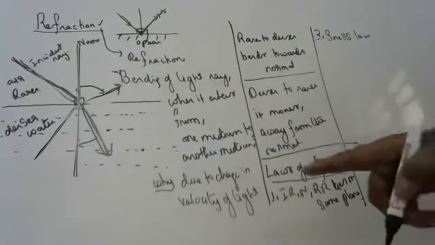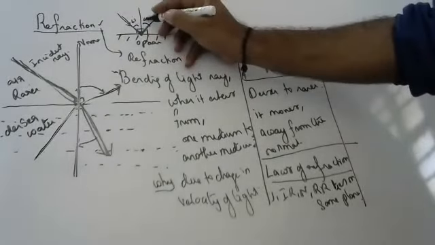Children, in reflection, the angle of incidence is equal to the angle of reflection.